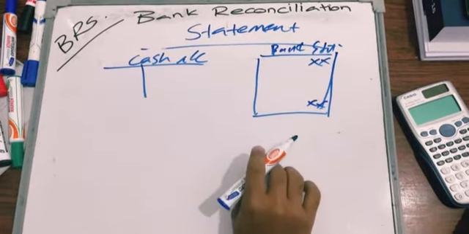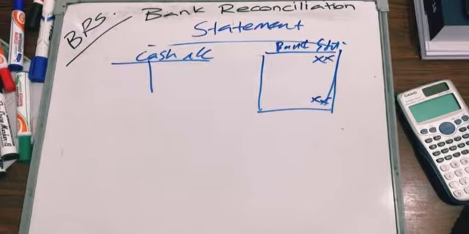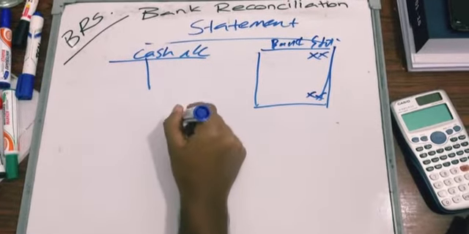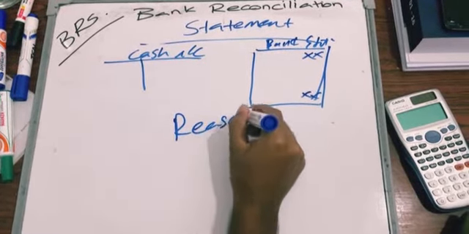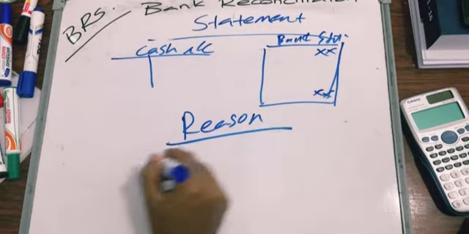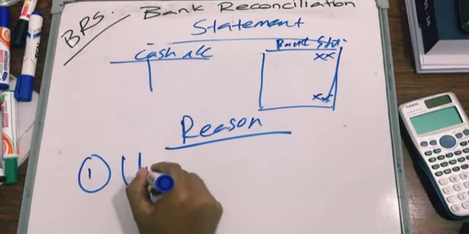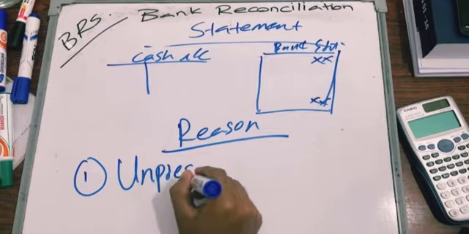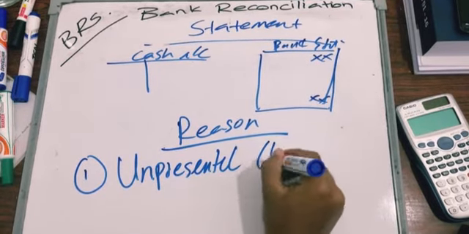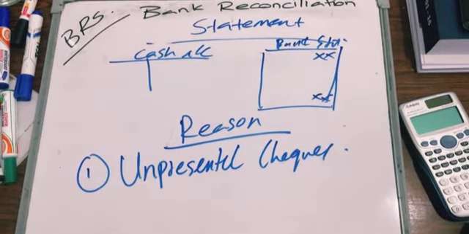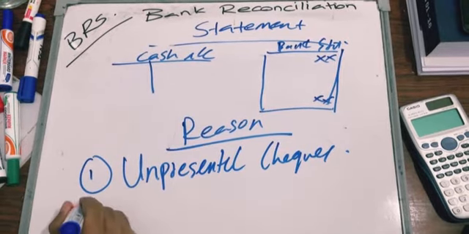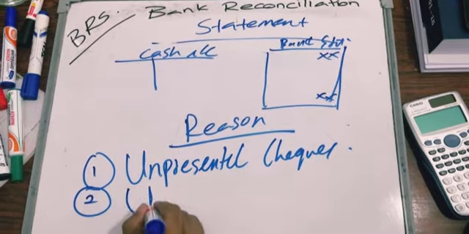The first reason, unpresented checks. Number 2, unrealized checks.